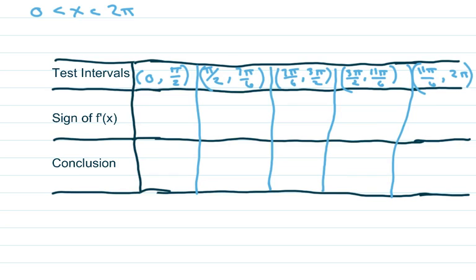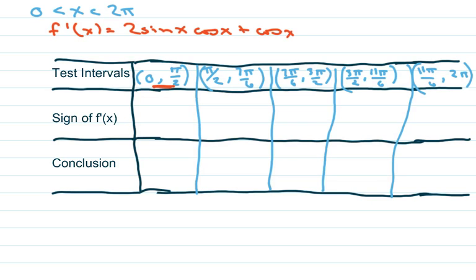And my derivative was 2 sine x cosine x plus cosine of x. And what I did is I just used midpoints, plugging midpoints into the derivative. The midpoint of the first interval is pi over 4.